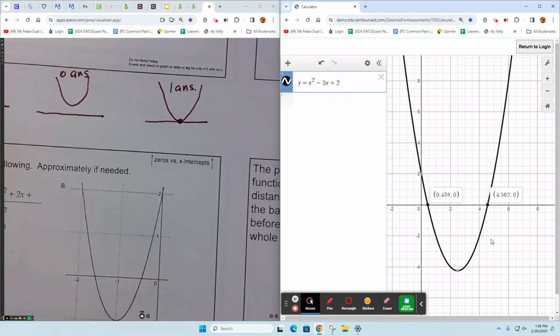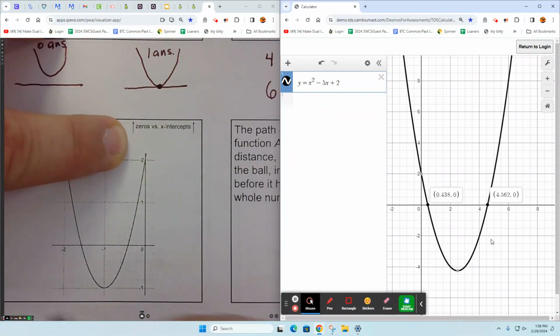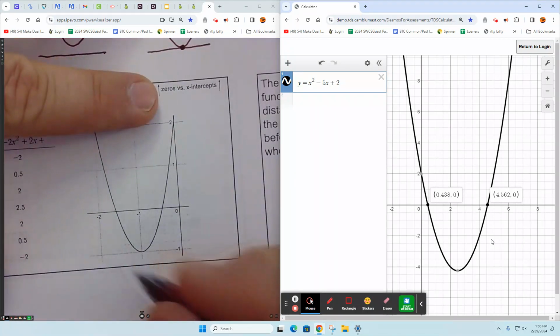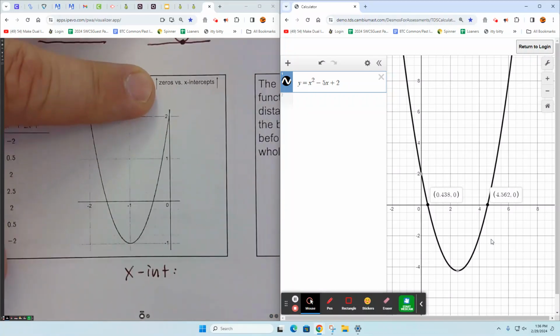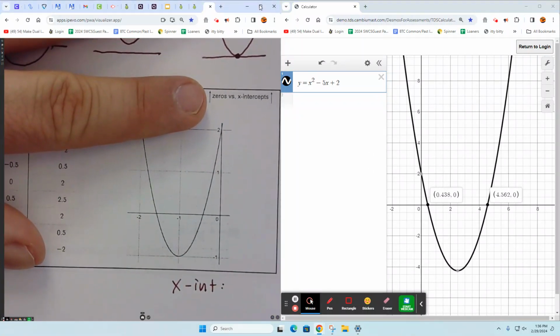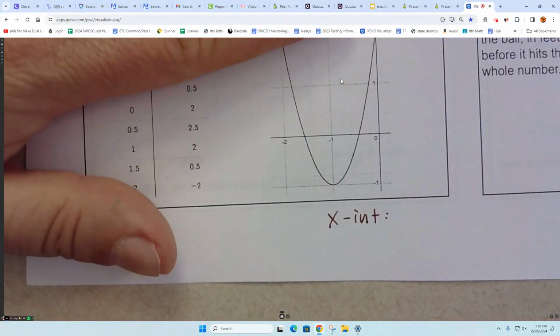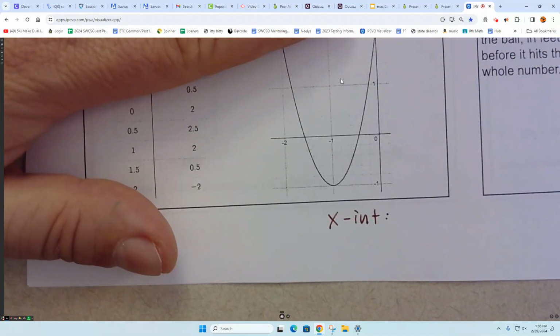Here's something I want to take a second and talk about. I kind of took my space up here, but I have this concept over here. I want to talk about zeros and x-intercepts. So x-intercept means what? Where does it hit the x-axis? To find it, we always do what? Up to this point we just guess, but I said before we really want to be able to do what?